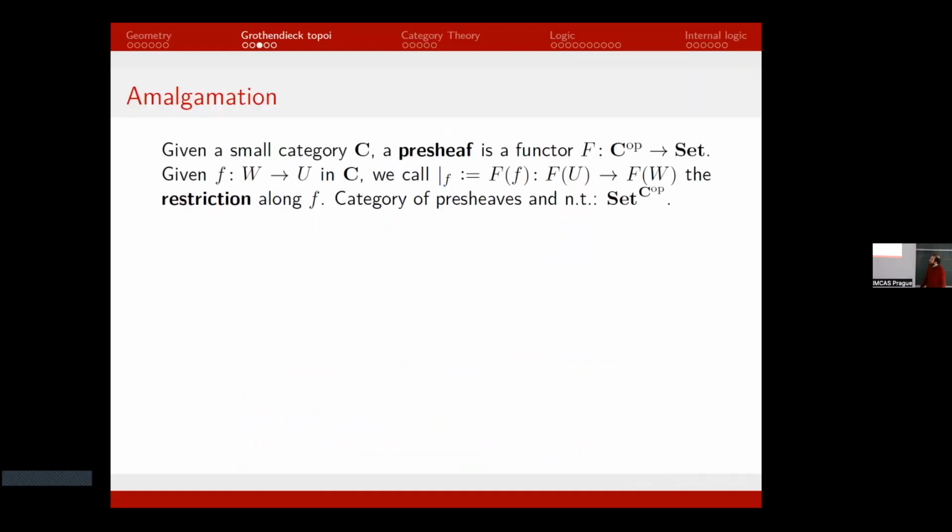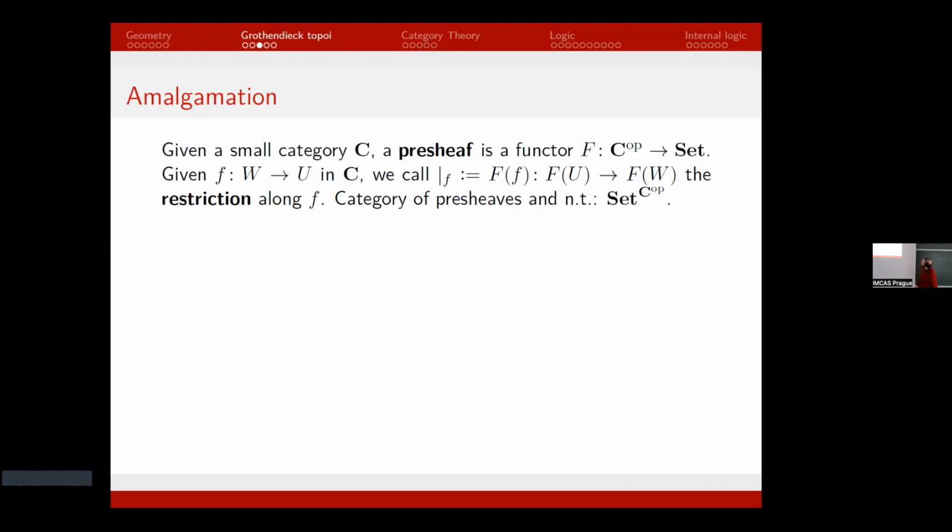Okay, now let's talk about the generalization of the gluing lemma, which is the amalgamation. So our data is a presheaf on a small category C to Set.